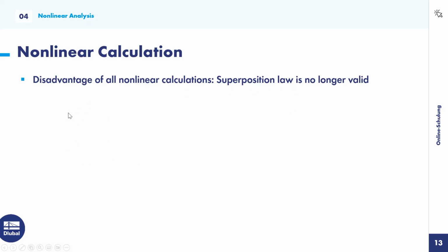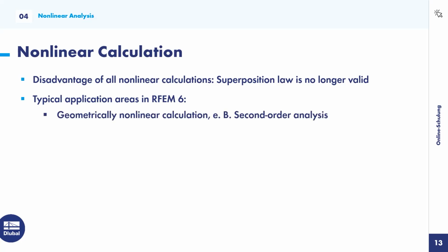Because the loading from the first load case can influence the system in a way that it changes its behavior for the other loading. And that's something that can happen with different applications. One would be the geometrical nonlinearity.